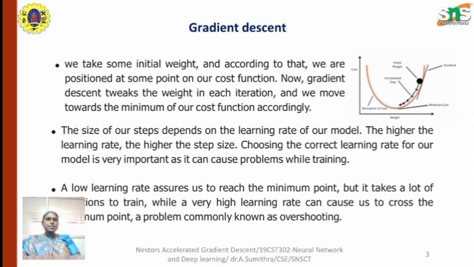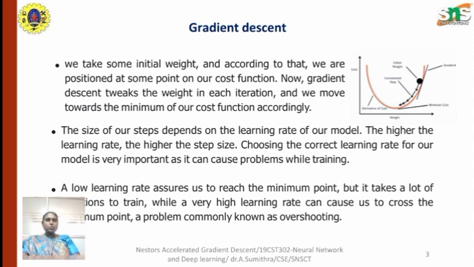Gradient descent is a first order optimization algorithm used to minimize the loss function by iteratively moving in the direction of steepest descent of the loss. The basic idea is to update the model parameters in proportion to the negative of the gradient of the loss function with respect to those parameters.